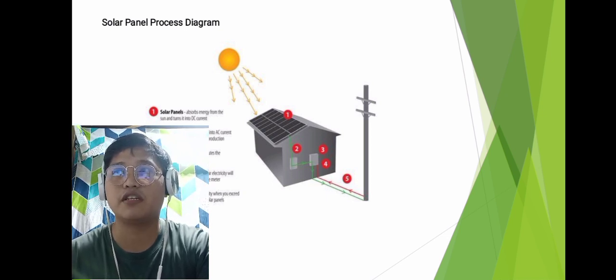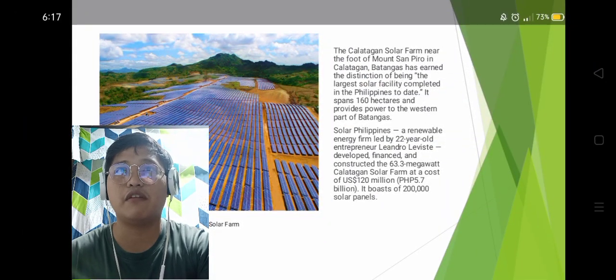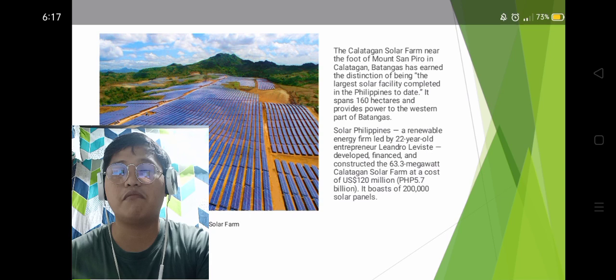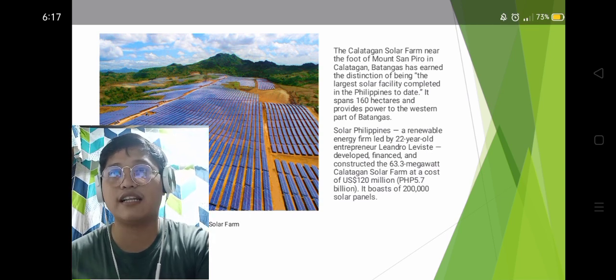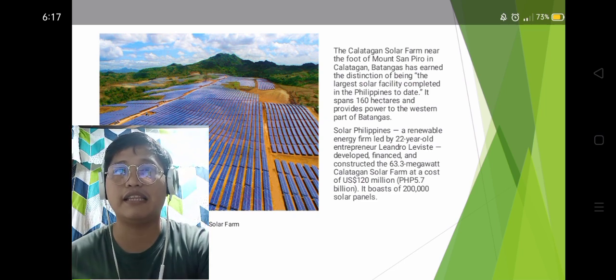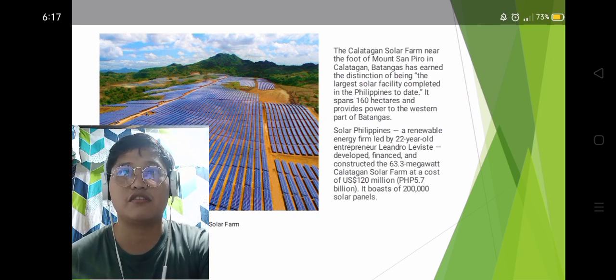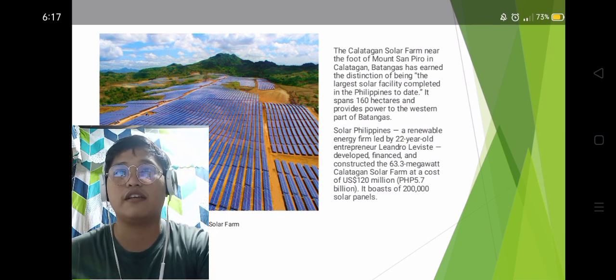So let's proceed, and we have here solar power farms in the Philippines. First is the Calatagan Solar Farm near the foot of Mount San Pedro in Calatagan, Batangas, which has earned the distinction of being the largest solar facility completed in the Philippines today.